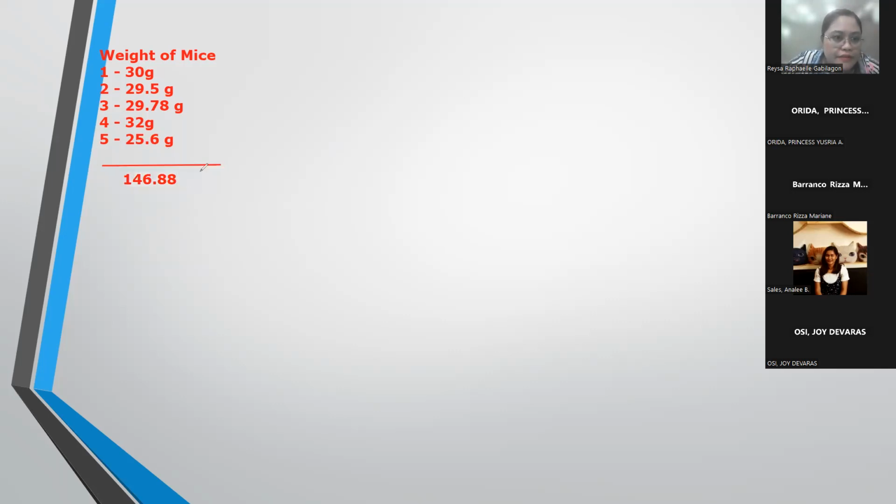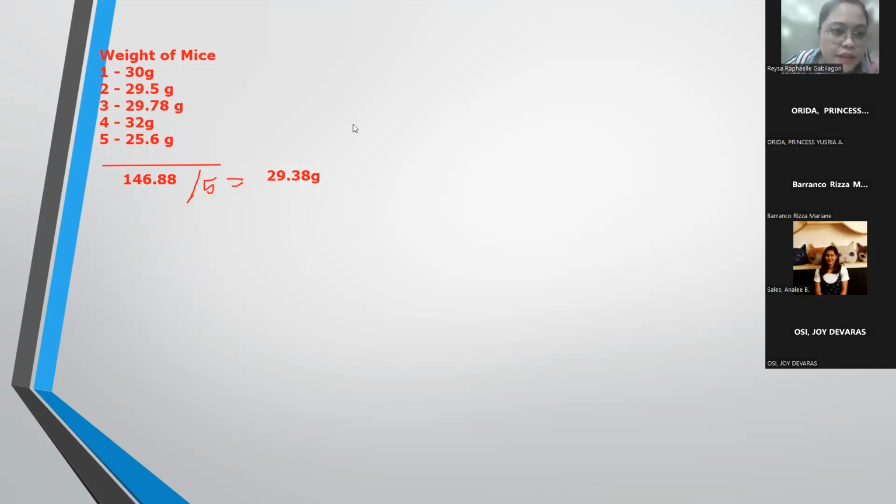So we have 5, so this is divided by 5. Our mean here, let's round it off to 2 decimal places, is 29.38, or 29.376. So this is our mean. I said earlier that the mean is easy, right? You know how to solve the mean.